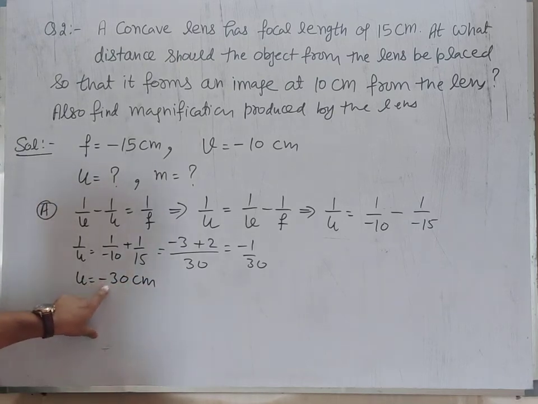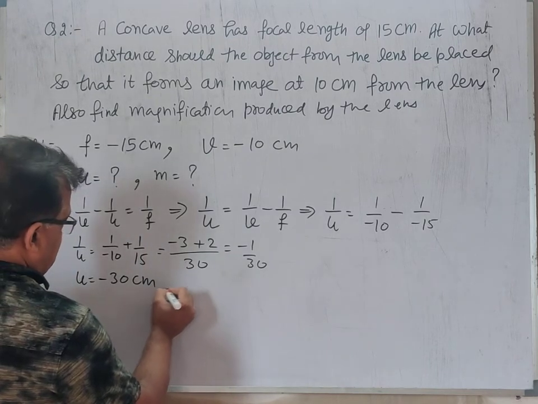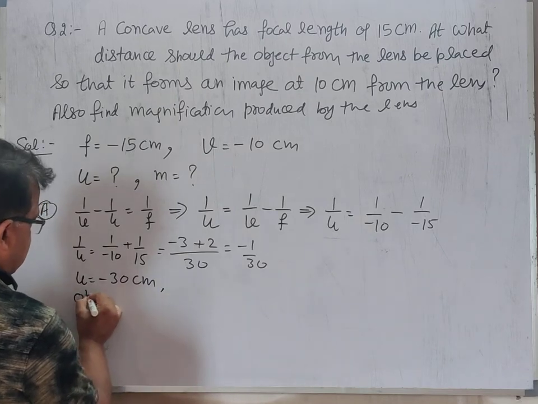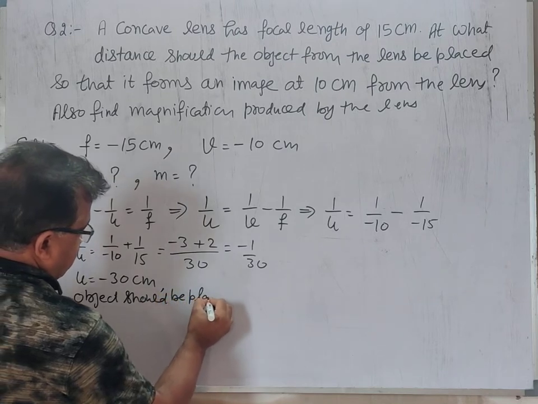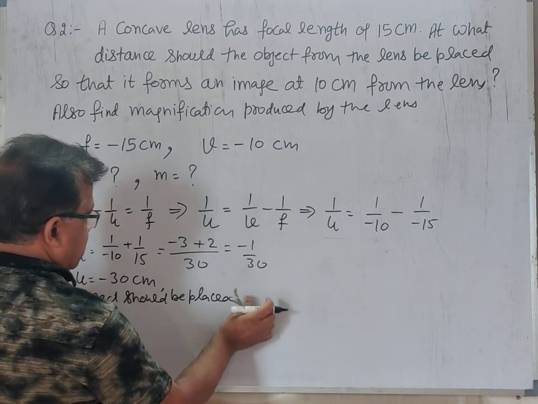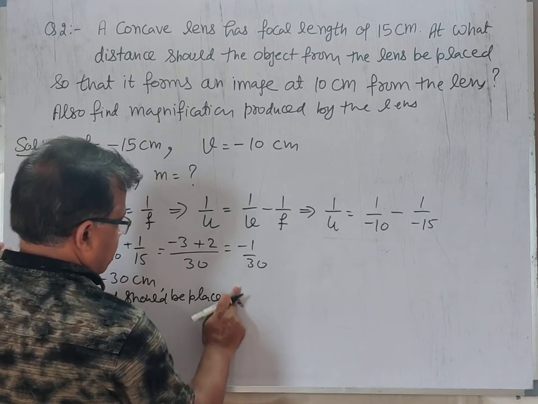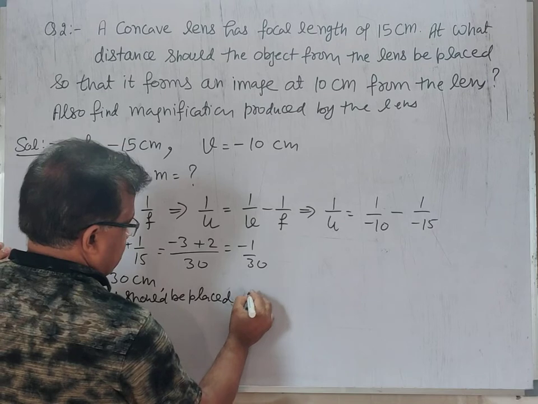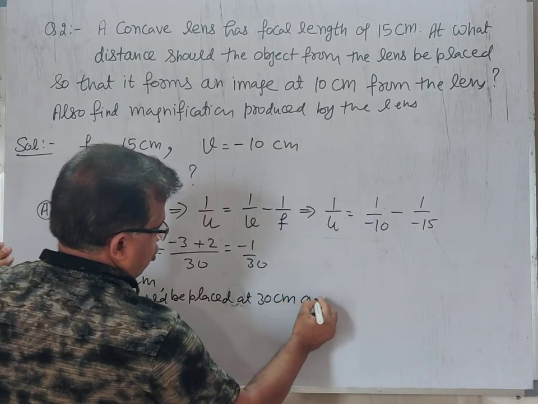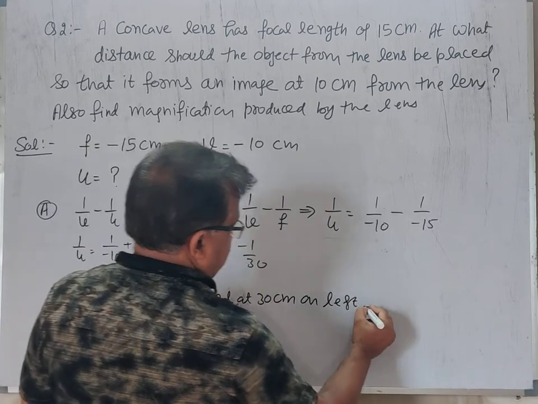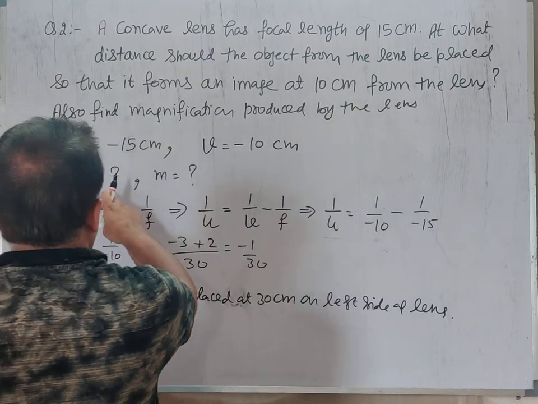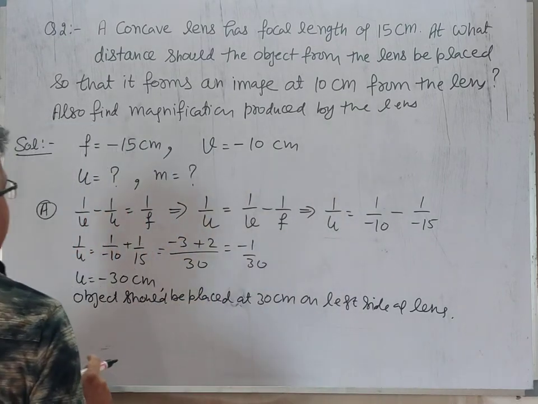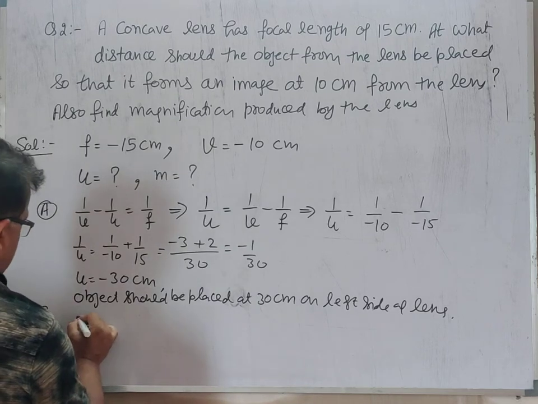We know that u is always negative and our answer is also coming negative. It means it is correct. So answer: the object should be placed at 30 centimeter on the left side of the lens.